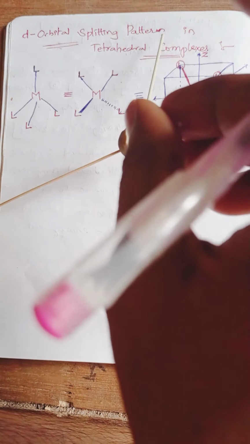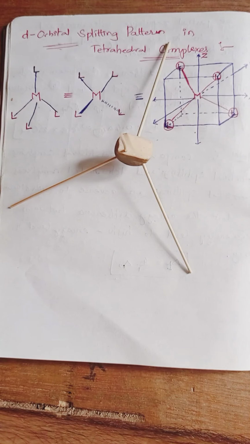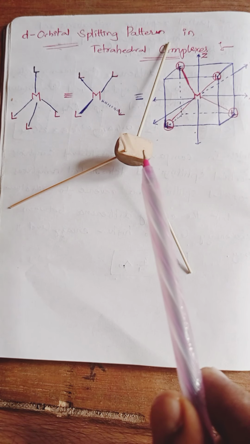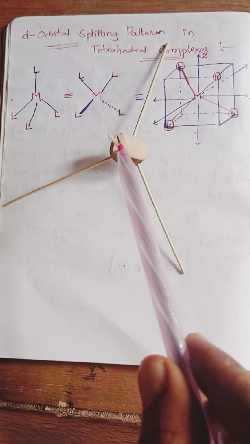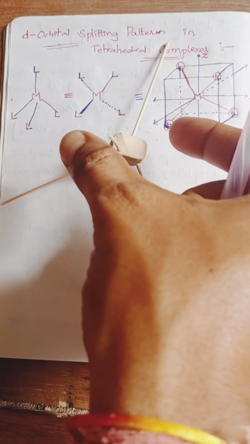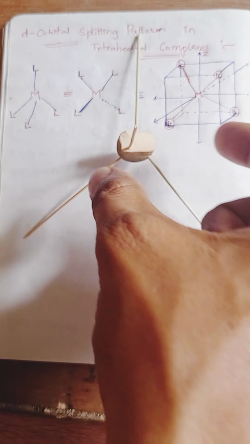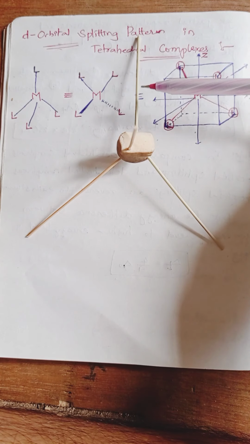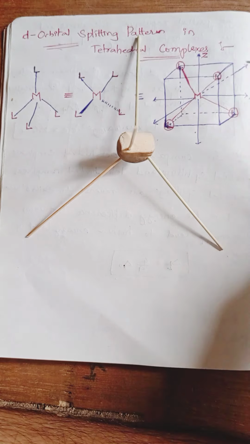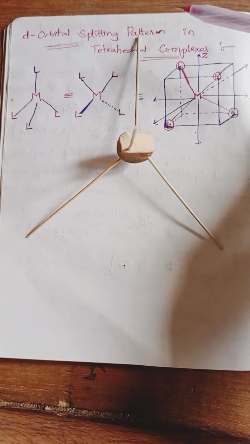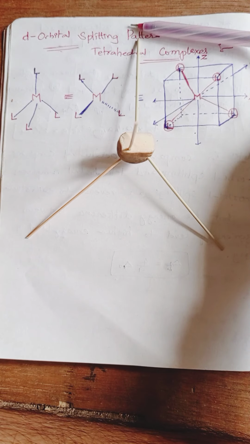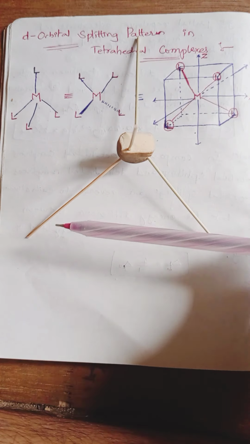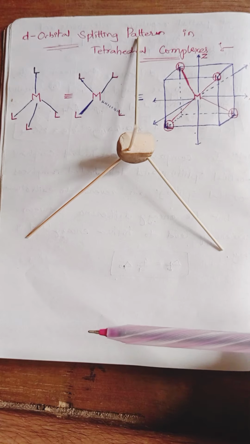When we take a structure like this, this is the tetrahedral, isn't it? The middle one is the metal, the upward one is a ligand, and on the front side, downward, there are three ligands. Of the three down, one is exactly in front, sharply front, and the other two are angularly positioned at the back side.